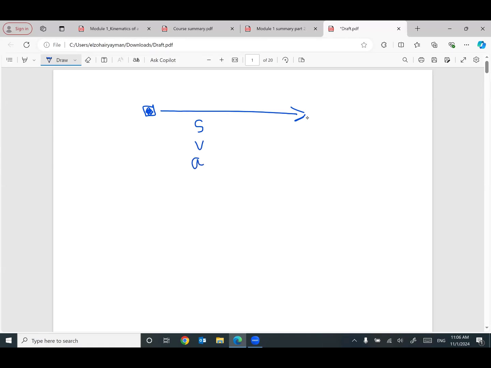Your displacement or your position S will be given as a function of time. We can figure out the velocity by differentiating this position with respect to time, or we can differentiate the velocity with respect to time to figure out the acceleration.